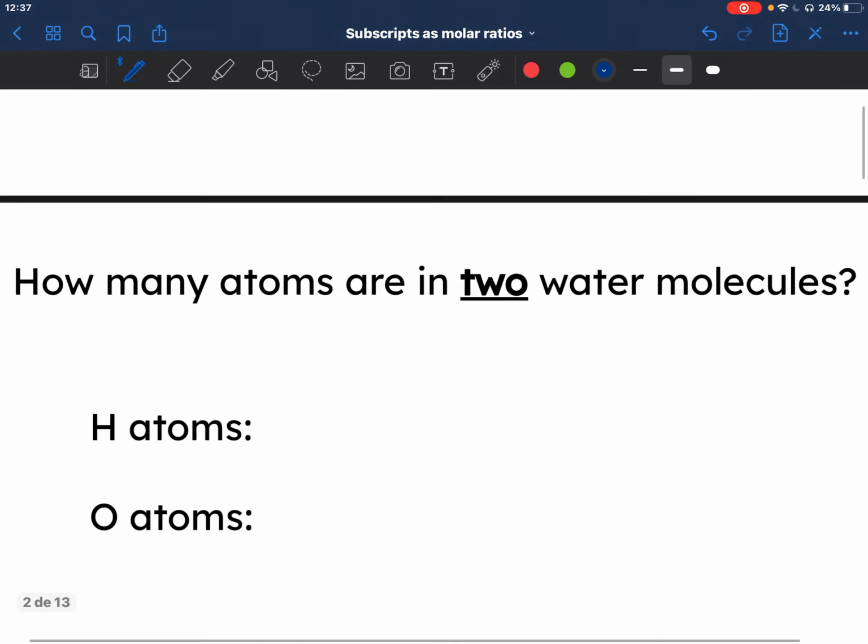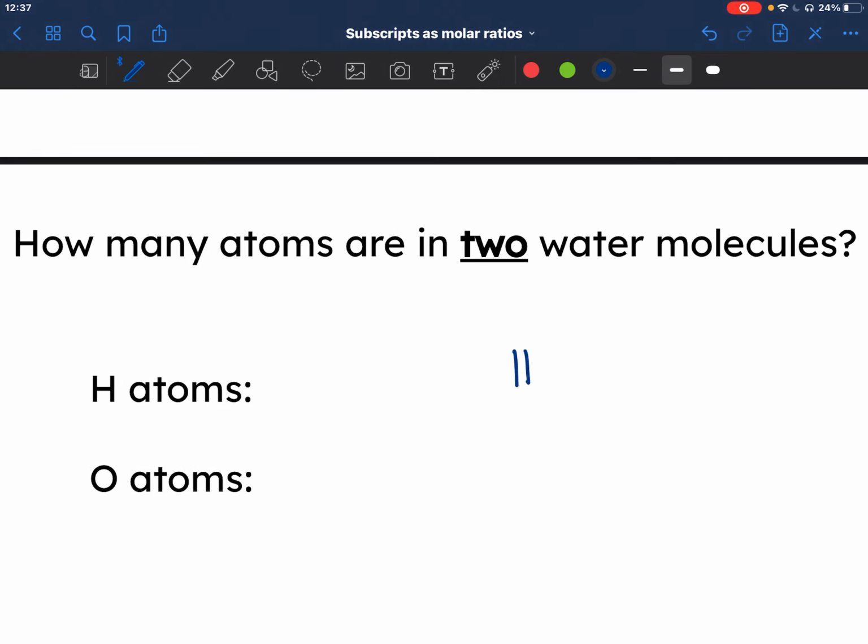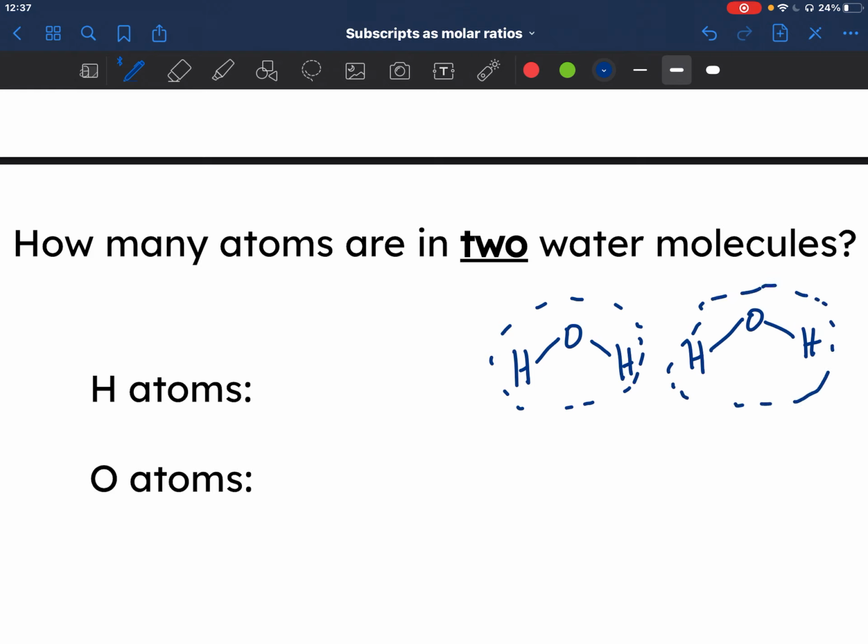All right, what if I have two water molecules? So here's my molecules. I have two individual molecules floating around. Maybe they're in a solution, maybe they're in deionized water. How many hydrogen atoms?